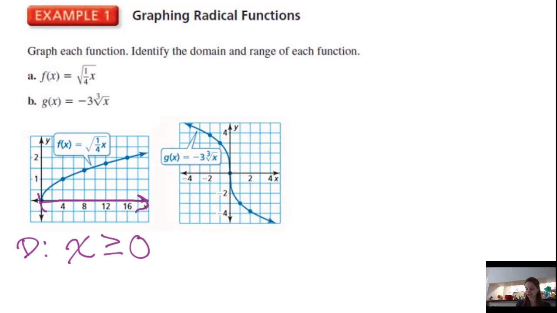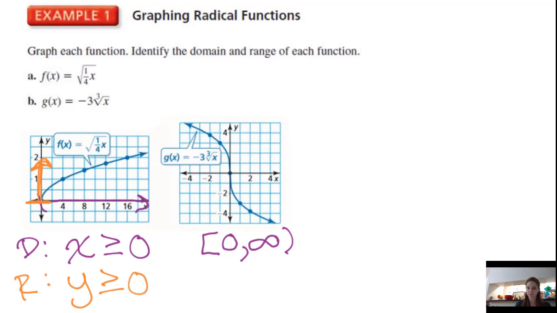If you wanted to write this in interval notation, it would be 0 to infinity. Range is possible y values. And just like the parent function, the range of f of x is y is greater than or equal to 0. And in interval notation, this is 0, infinity.